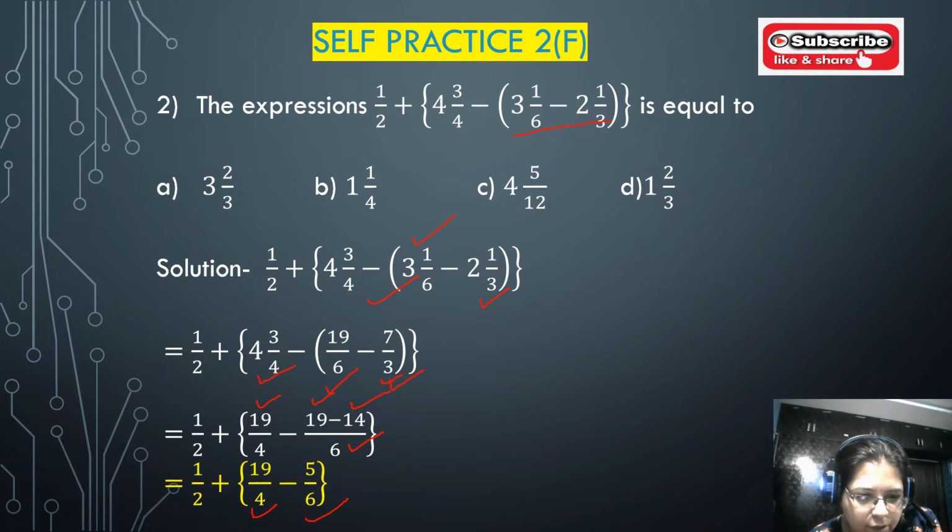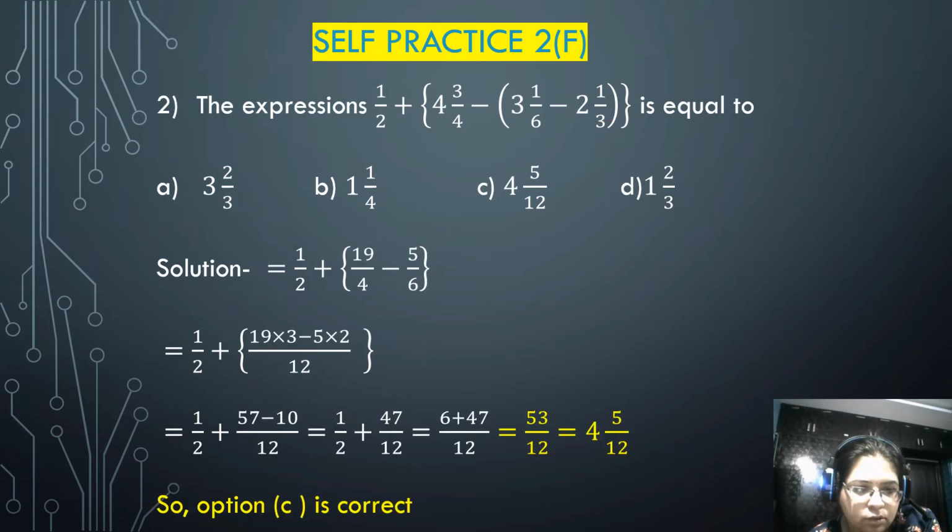Add with 1 by 2. So we get 1 divided by 2 plus 19 divided by 4 minus 5 divided by 6, that is inside the bracket. Now we get 1 divided by 2 plus 19 divided by 4 minus 5 divided by 6.